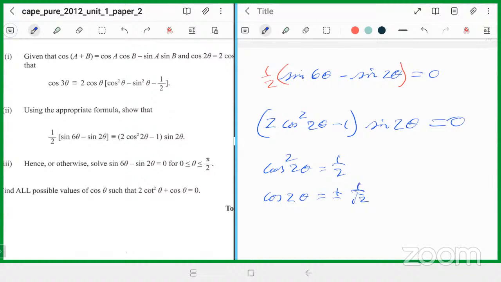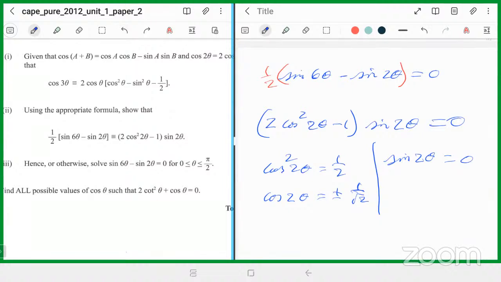The other option is that sine of 2 theta equals 0. So those are the two things that you're solving, but you're solving between 0 and 90, so you really only want the first values.